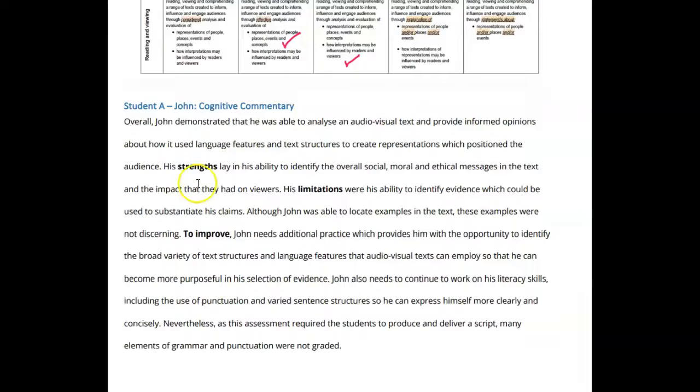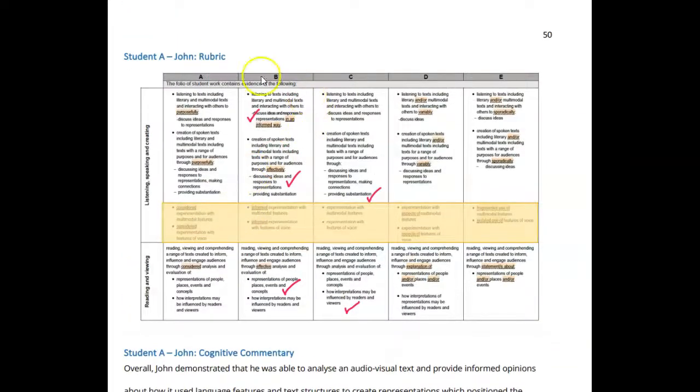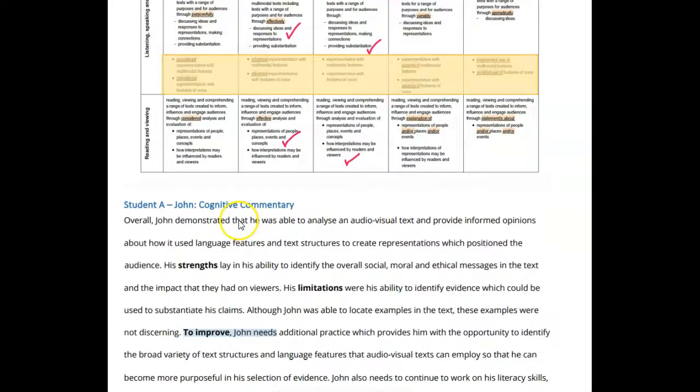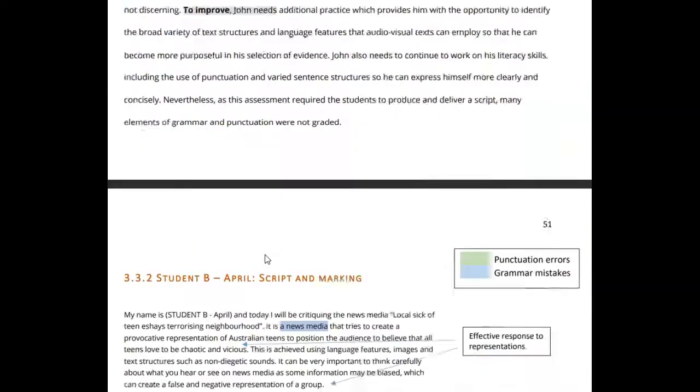And you notice here that they've used that format. Strengths were, challenges were, or limitations, and how to improve. So that should in some sense reflect the language of the criteria. In other words, if you're looking for listening, speaking, and creating, you'll describe those things in your cognitive commentary.